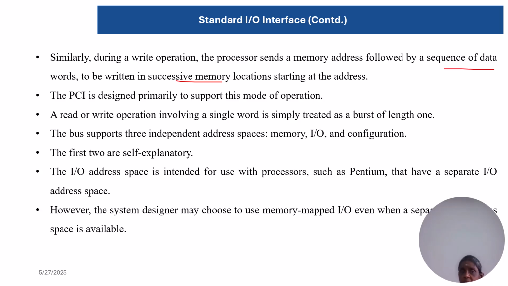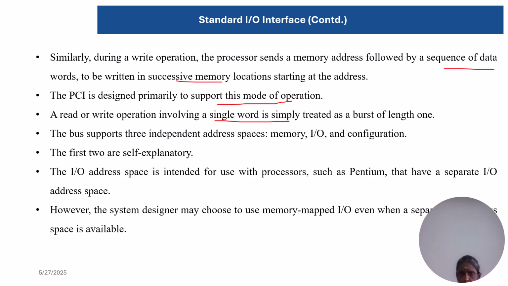The PCI is designed primarily to support this mode of operation, a block of data transfer, either read or write. A read or write operation involving a single word is simply treated as a single transfer, as it will be mentioned in the books. But we have to understand that a single transfer means a single block of data transfer.